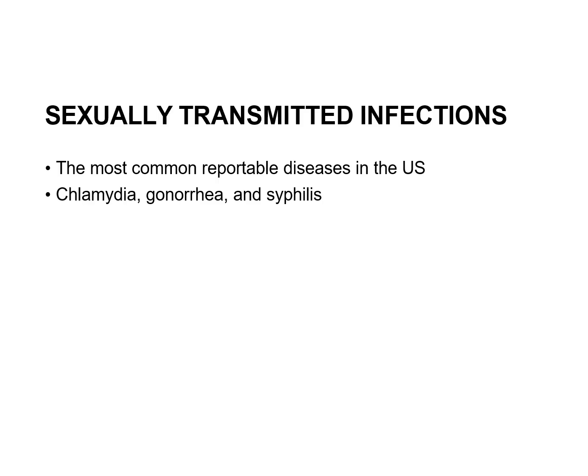Sexually transmitted infections, or STIs, represent one of the most common reportable infectious diseases in the United States. Chlamydia, gonorrhea, and syphilis consistently rank among the highest in incidence. A key challenge with STIs is that many individuals are asymptomatic, allowing infection to persist and spread without detection.